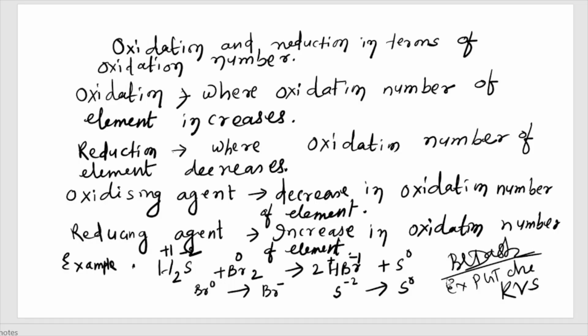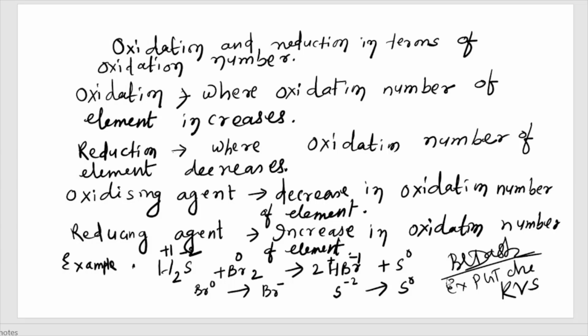Oxidizing agent, here the decrease in oxidation number, same meaning. Example: hydrogen sulfide plus bromine, where bromine is 0, that means it is not undergoing reaction, and it changes to H plus, Br minus, and S, what is the S value? 0.